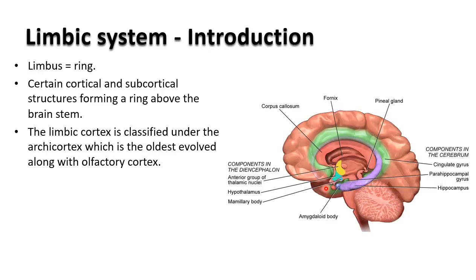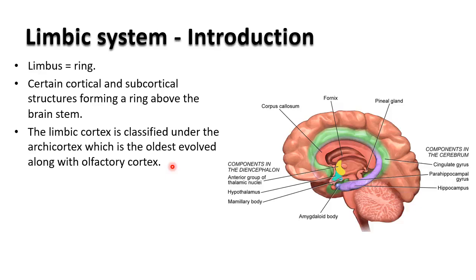This limbic cortex is classified under the archicortex. So neocortex, paleocortex, and then what you have is the archicortex, the oldest cortex. Oldest cortex means definitely it is related to the olfactory region.